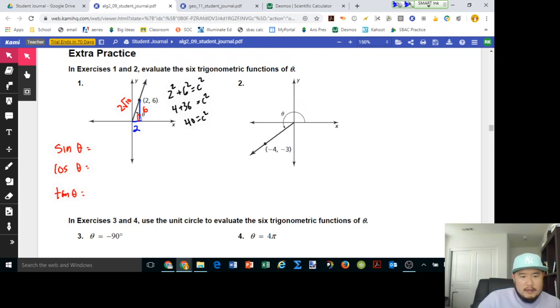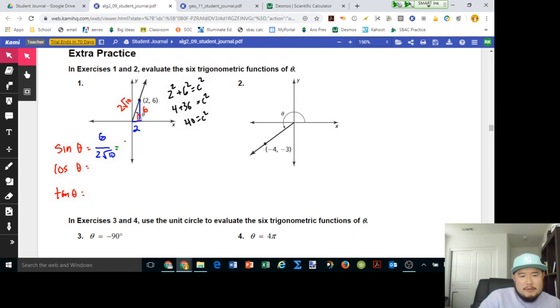So for sine, we have opposite over hypotenuse. Remember, this is theta right here. So opposite is 6, hypotenuse is 2 rad 10. Don't forget, we need it in simplest radical form, and no radicals in our denominator.